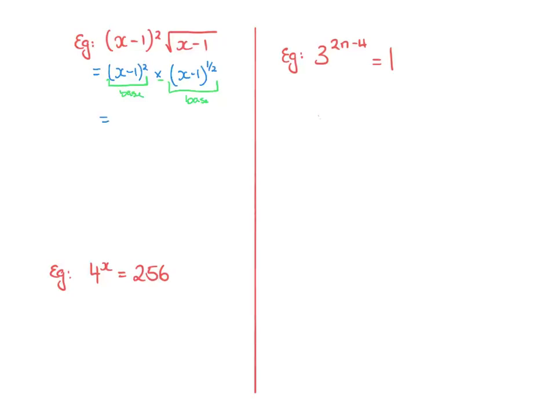So I can say that is x minus 1 to the power of 2 plus a half. Then you have to be good at your fractions, but obviously 2 is 4 over 2, plus 1. So you get x minus 1 to the power of 5 on 2. And there's your answer.